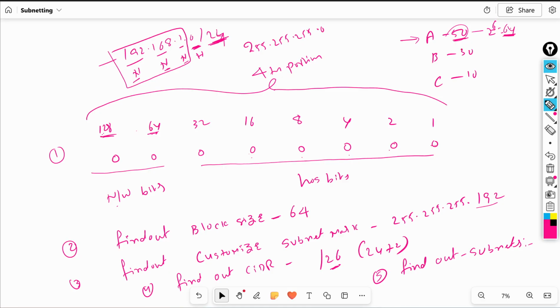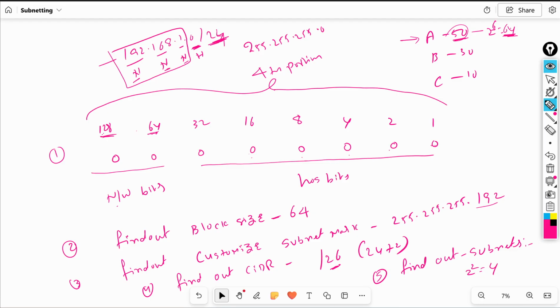If you divide this network by 64, how many networks will we get? So how many network bits are there? 2 bits, right? So subnets are 2 power of 2. How much? 4. Total 4. So we will get 4 subnets.